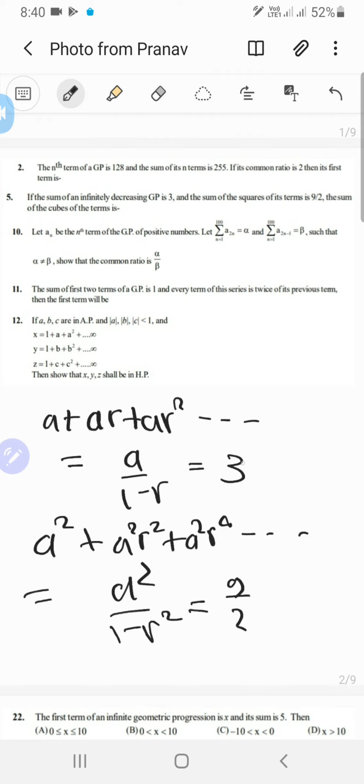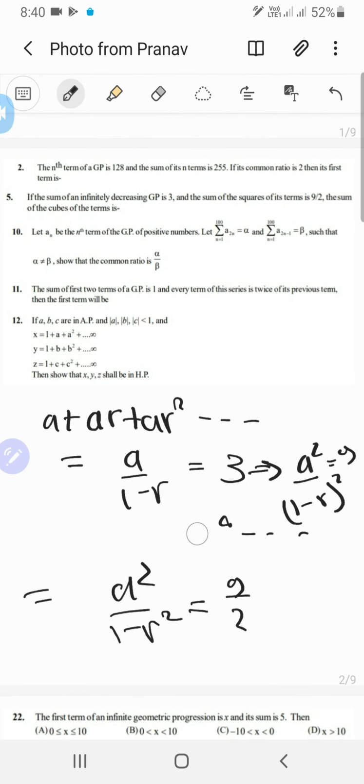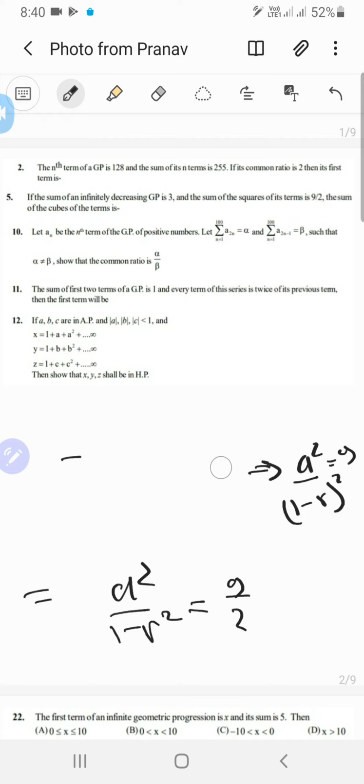Let's square the first equation so that we will be able to find the value of r. So you will have a squared upon 1 minus r whole squared equals 9. Now let's divide these two equations. The a squared cancels.